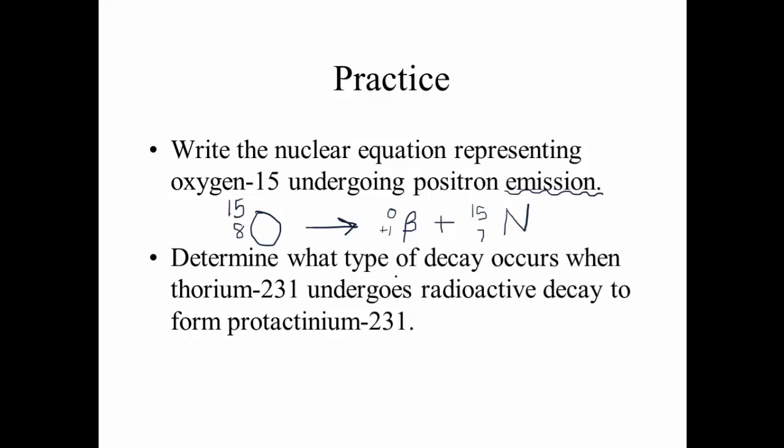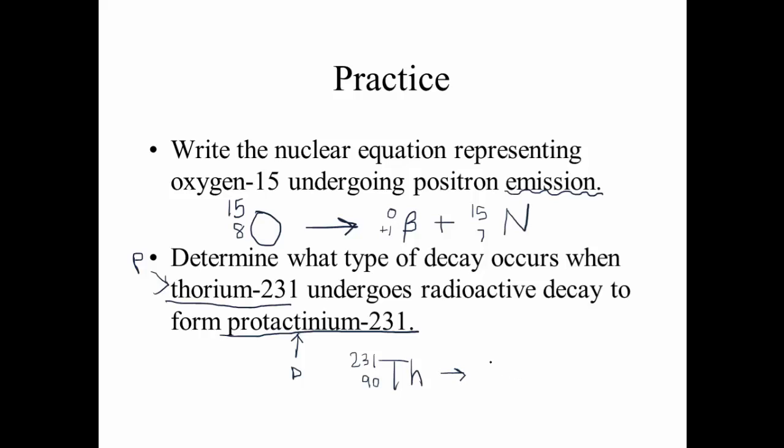Next, determine what type of decay occurs when thorium-231 undergoes some sort of decay to form protactinium-231. So this one's different. We now know the parent and the daughter element, and we're figuring out what else is going on. We're filling in the blanks. So we start with thorium-231, and again, thorium was element 90.